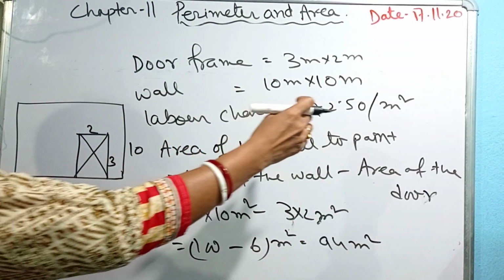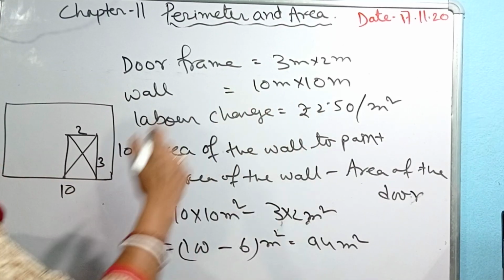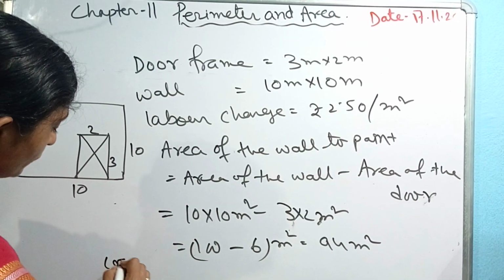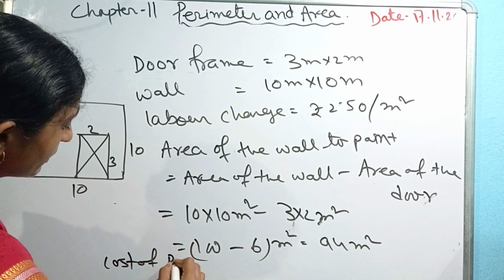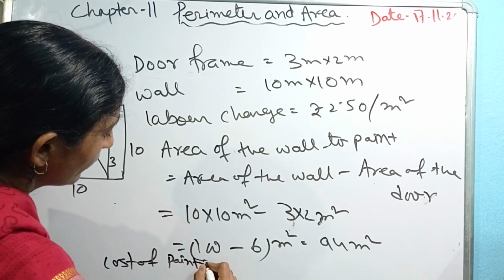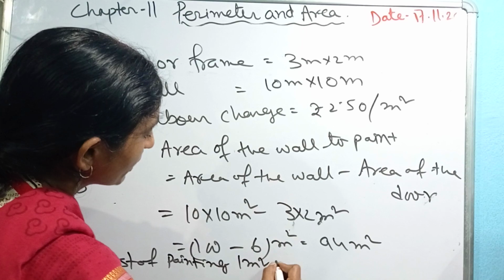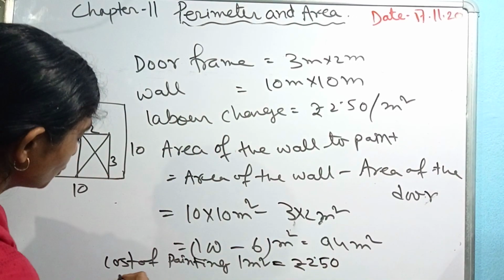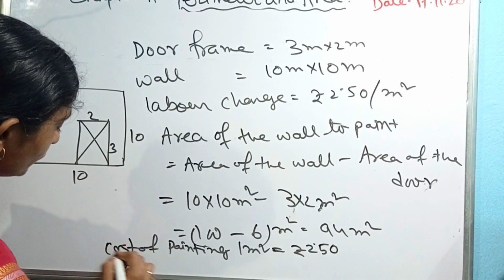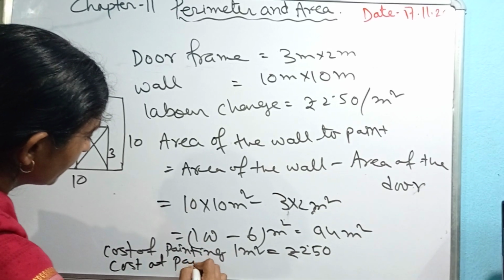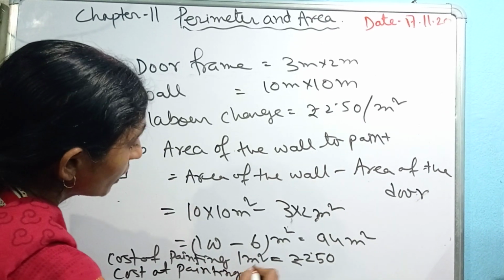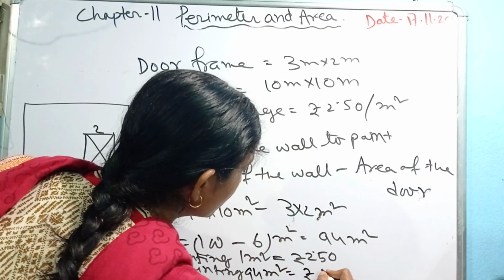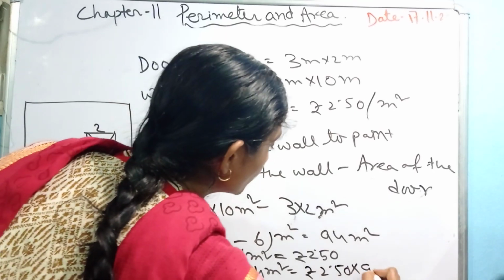Now the cost of painting 1 meter square is rupees 2.50. So here we can write: cost of painting 1 meter square is equal to rupees 2.50. So the cost of painting 94 meter square is equal to rupees 2.50 into 94.